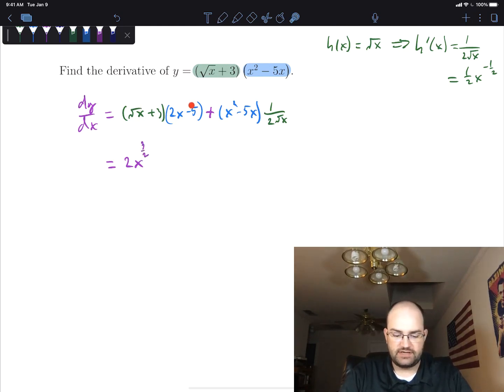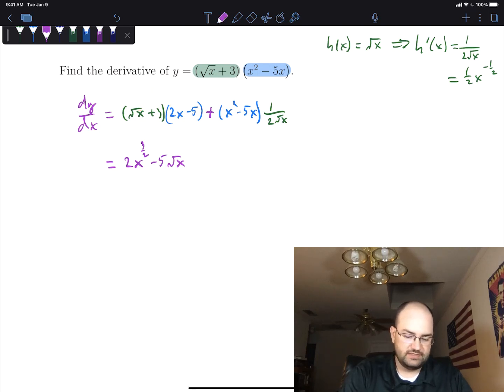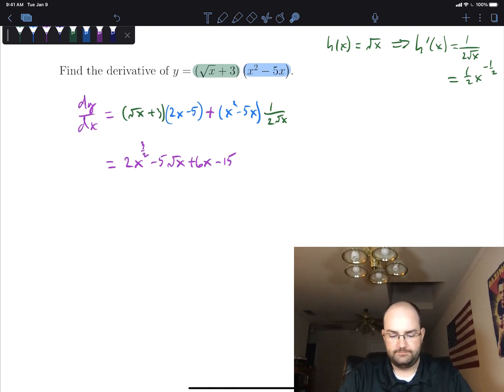Square root of x times negative 5 is negative 5 square roots of x. Square root of x, 3 times 2x is 6x, and 3 times negative 5 is negative 15. Good, I just FOILed that.